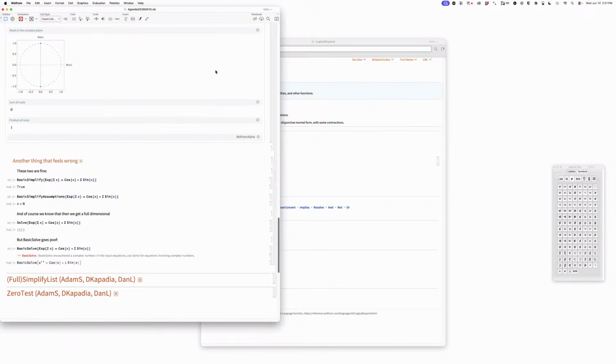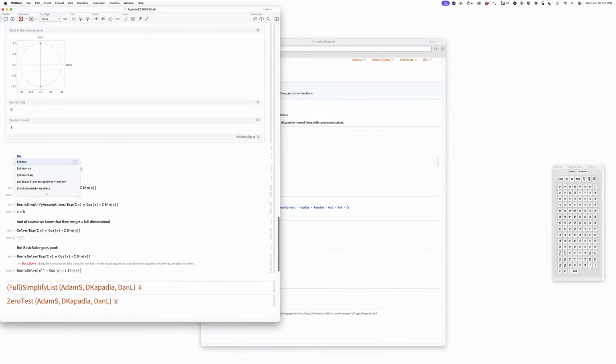So I'm saying in basic solve, the question is, if we did basic solve of m squared plus n squared equals 25. Okay, so I want to solve for m and n.